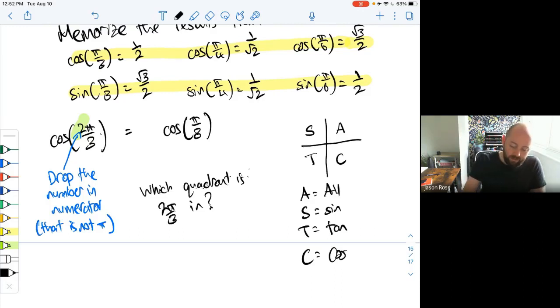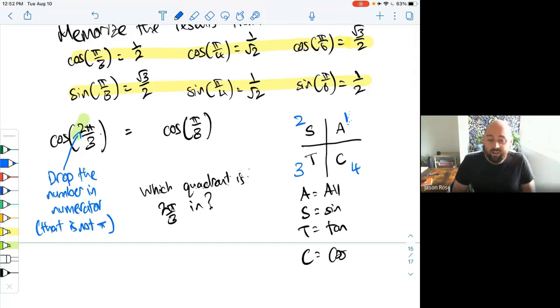Can anybody say, is it in quadrant 1? Oh no, I think my pen is running out of battery. That is no good. 1, 2, 3, or 4. So in the chat, 1, 2, 3, or 4, which quadrant is the angle 2 pi over 3 in?